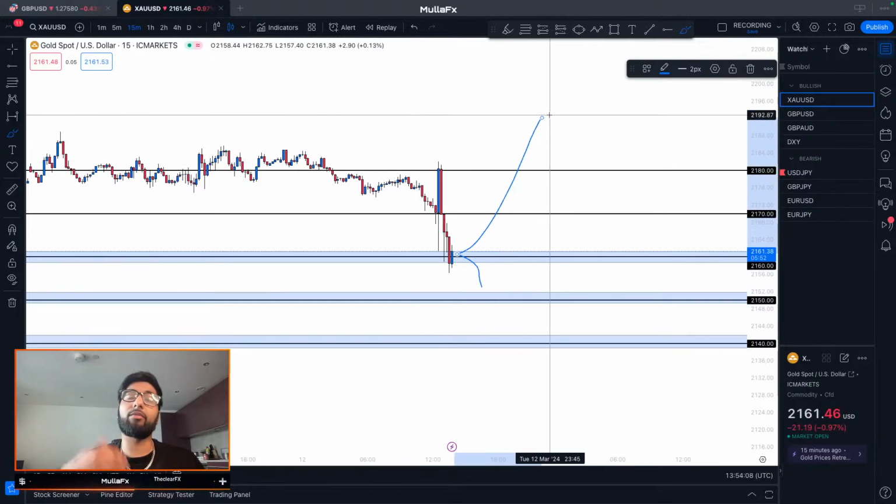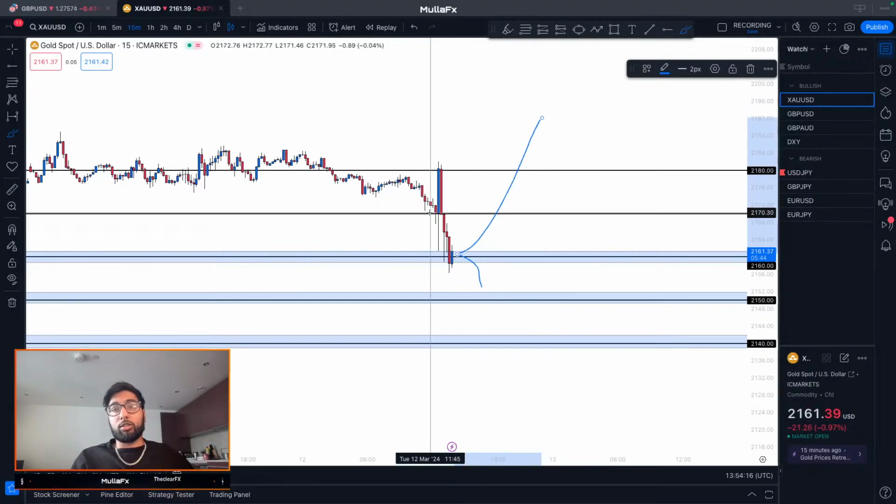Again, you just want to wait for either fundamental news backing that, or even just looking at market structure, the way the market's moving. We know that if price breaks this level right here, we're going to be quite bullish, right? If price breaks these highs, we know we're going to be quite bullish, right?